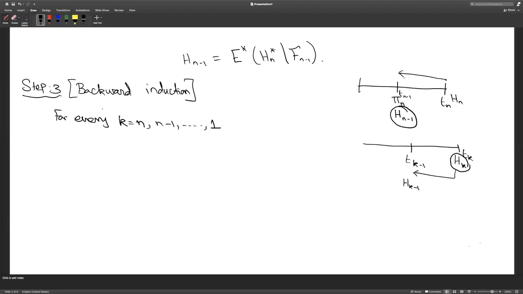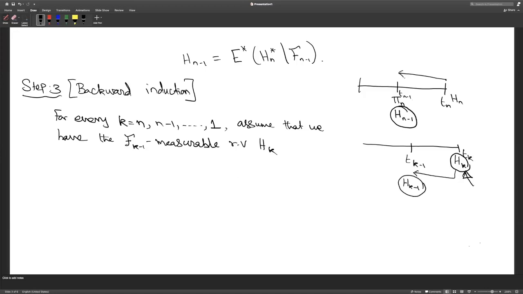Since we are going backward, I am writing k equal to n minus 1 up to n. We assume that we have the Fk minus 1 measurable random variable Hk. That is, we assume that we have this random variable and we have to obtain the random variable Hk minus 1.